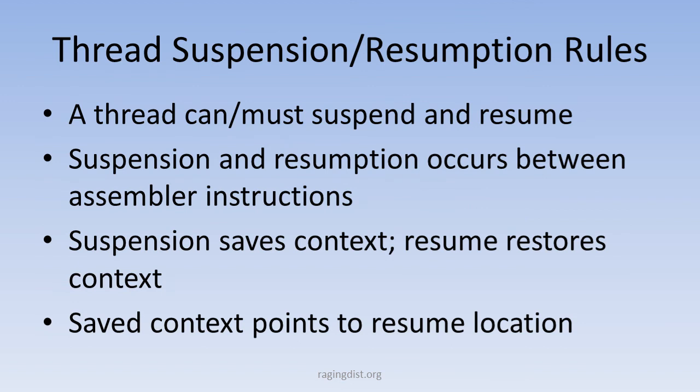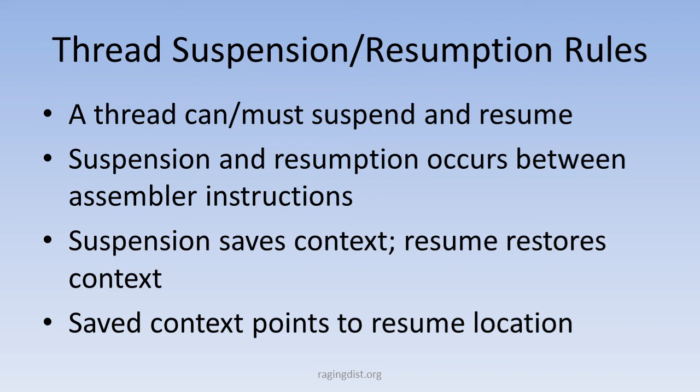So for thread suspension and resumption, a thread must be carefully taken care of. As I said in the beginning, if there's one rail that's out of place in that train which goes down the tracks, you're going to have a crash. Now a thread must be able to suspend and resume.